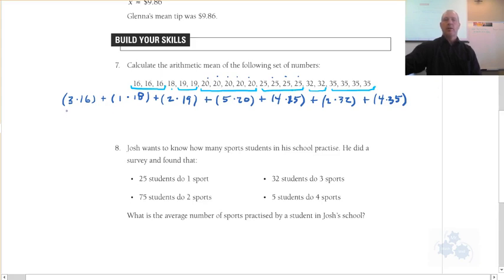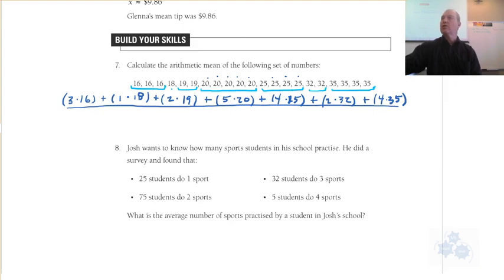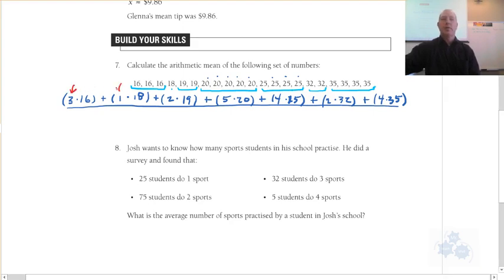Now, we're going to want to add those, of course, but we're also going to want to divide that by the number of numbers there are. You can go back and count the list, or you can add 3 plus 1 plus 2, and this becomes very quick, especially if you can do some mental math. So 3 and 1 is 4, and 2 is 6. 6 and 5 is 11, and 4 is 15, and 2 is 17, and 4 is 21.